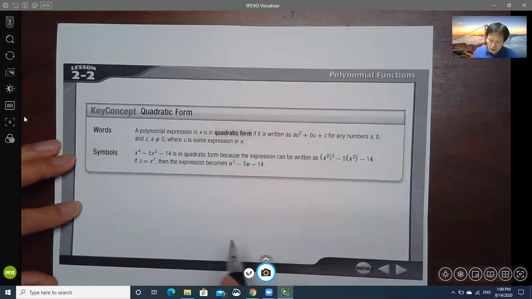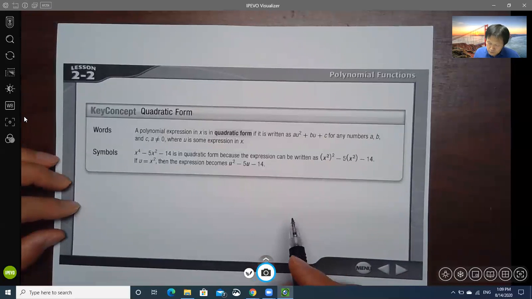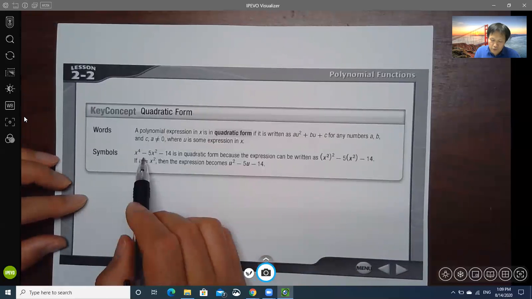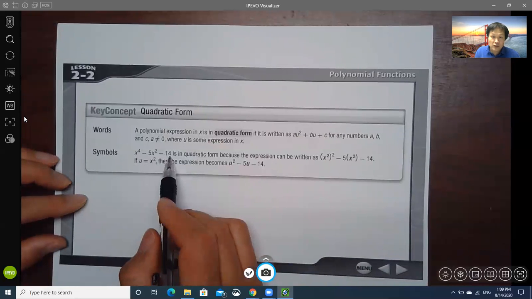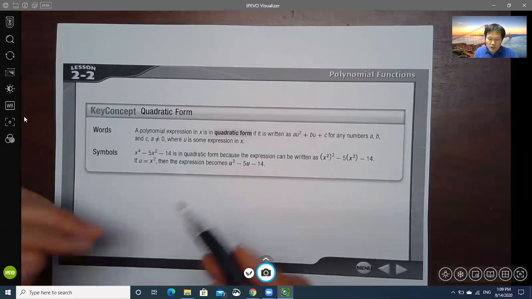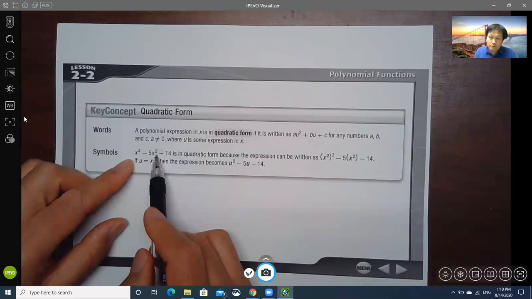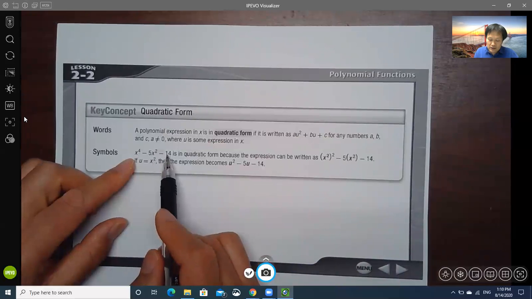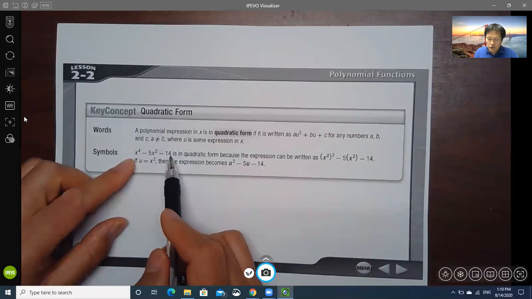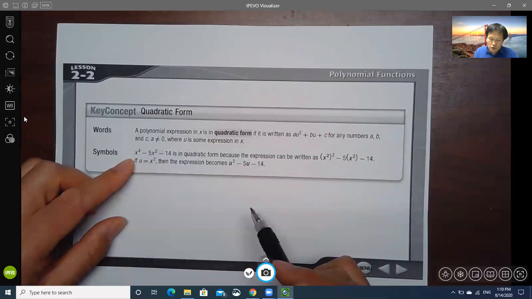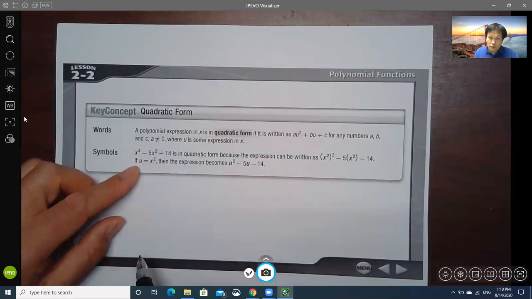They are trying to solve x to the 4th minus 5x squared minus 14. If you look at this 4th power, 2nd power, and 0th power, we can use the substitution u equals x squared.